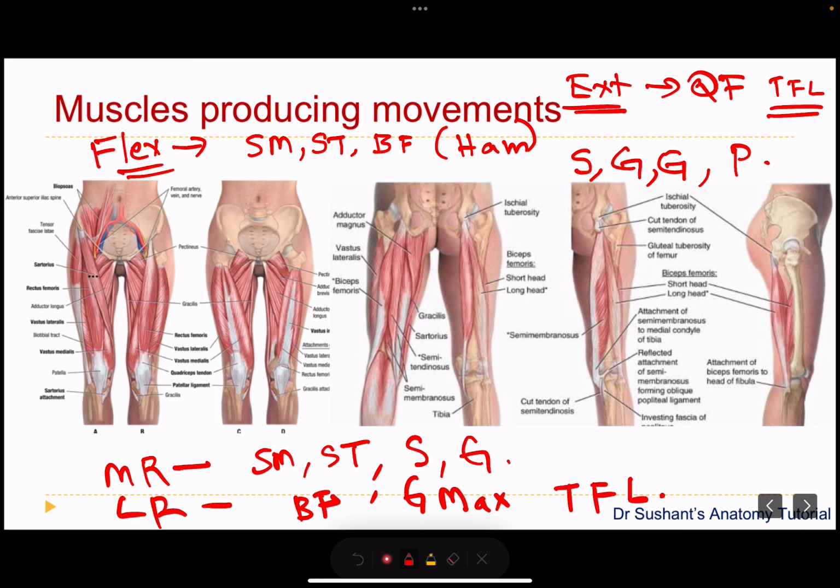So we know in a semi-flexed knee joint, the muscles on the medial side, that is semimembranosus and semitendinosus, medially rotate the knee. In a semi-flexed knee, the biceps femoris, which is on the lateral side, laterally rotates the knee. All right, so these are the muscles producing the movements.